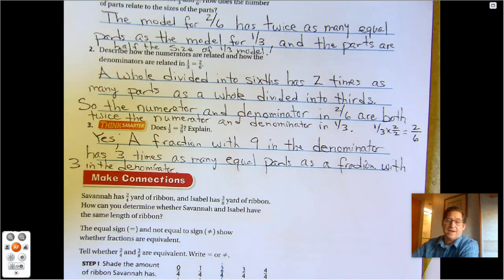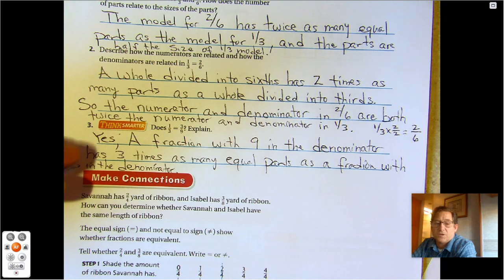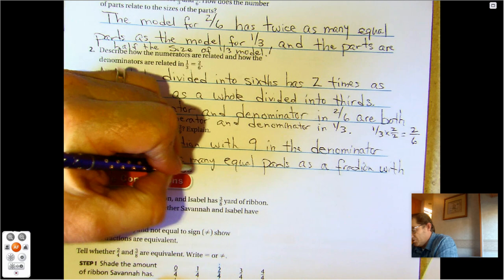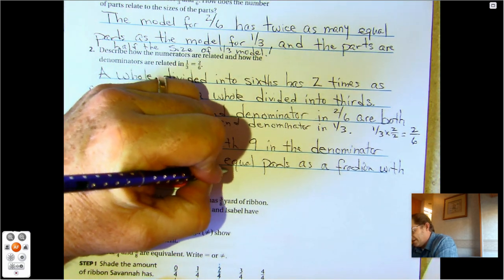And yes, a fraction with 9 in the denominator has 3 times as many equal parts as a fraction with 3 in the denominator. So the numerator is also 3 times as much.